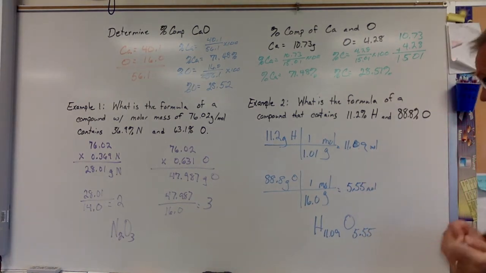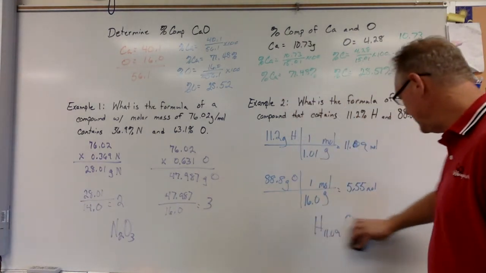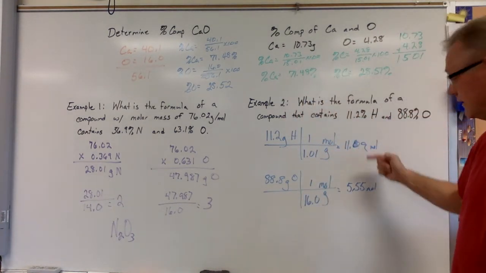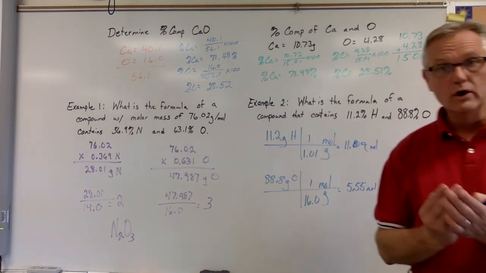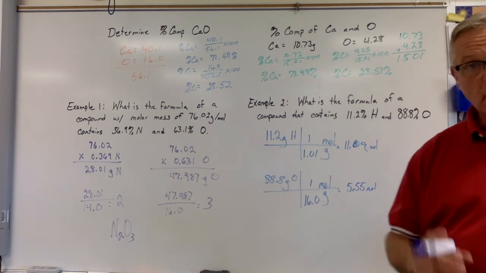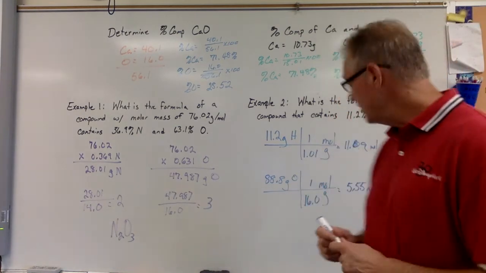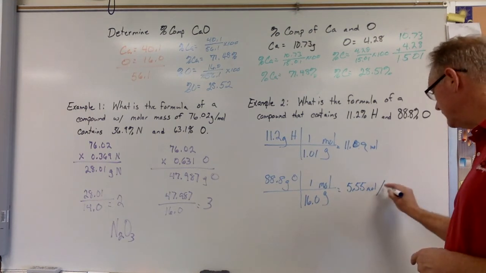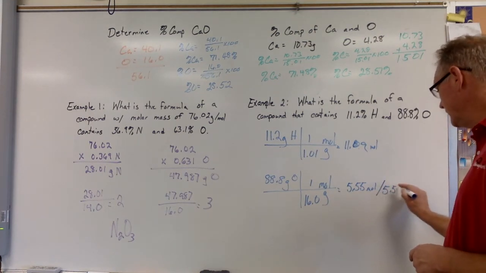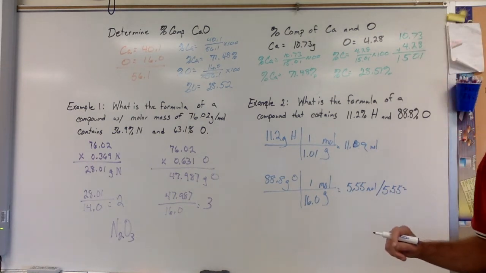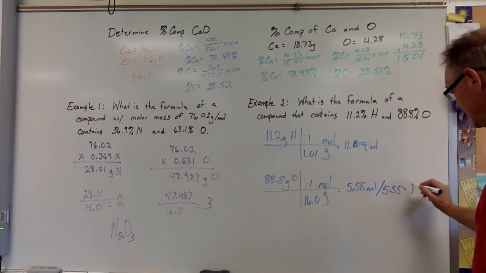So what we need to do is we need to say, let's make these numbers here whole numbers. You say, well, how do you do that? Well, it's called a mole-mole ratio. So I'm going to take the smallest one, which is the 5.55, and I'm going to divide everything by the smallest one. We know mathematically if you divide everything by the same number that it doesn't change anything.